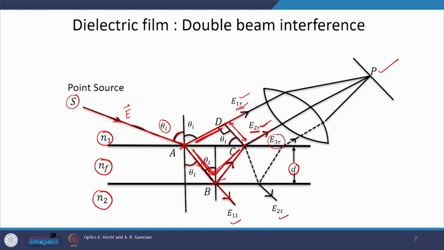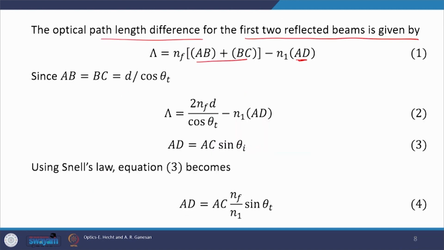And AD is the path which the first ray is travelling outside the film. But to calculate the correct optical path, we will have to multiply these lengths with the corresponding refractive indices. In the film, the refractive index is NF.